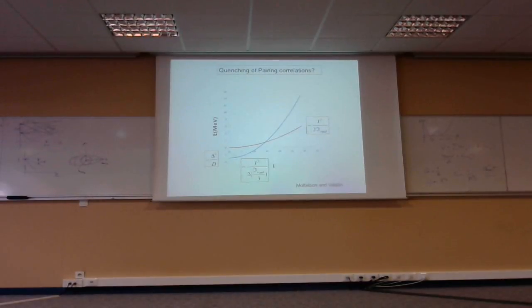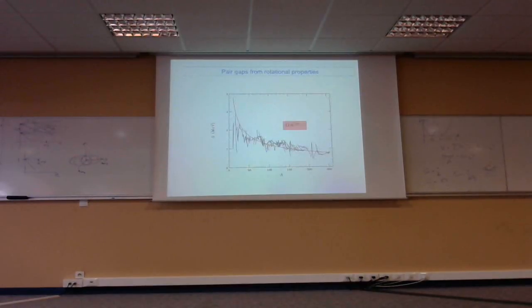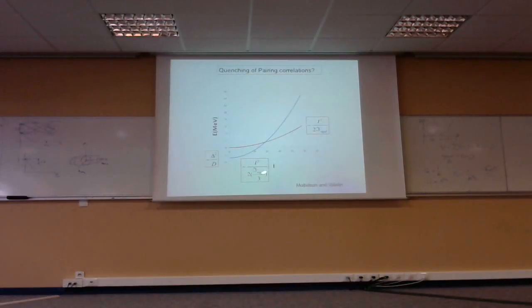But what is the price that I pay? Well, the price that I pay is the fact that the moment of inertia is not the rigid one. Actually, if we go back to my plot over there, I would say, I don't know, maybe a third of the rigid. Take your pick, whatever you want, a third. And so it's simply I squared over 2 times I rigid over 3.